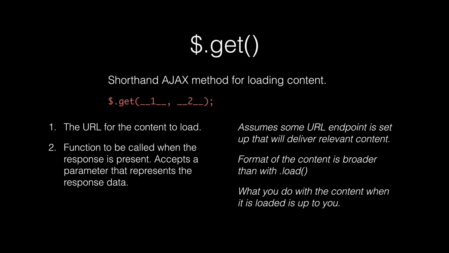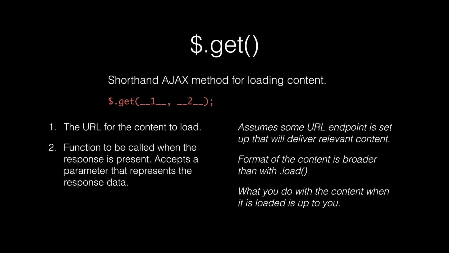But one other thing we can do is to use the get method. So in this case, notice that we don't assume that we're going to drop this into an existing element on the page. Likely we're going to call some data, and that data might be used throughout our page. So we don't start with an actual jQuery selector here. All we do is we start with the $, which is the global jQuery object.